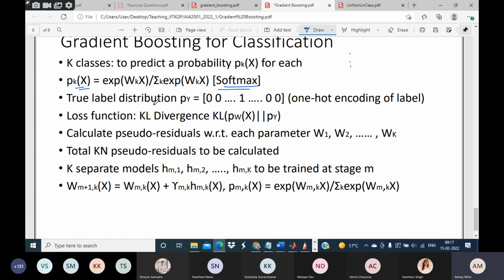Okay. So in this case also, as I was mentioning earlier, the loss function can be the cross entropy. You have a true distribution over the labels, which is the one hot encoding of the class label, and you have a predicted distribution.